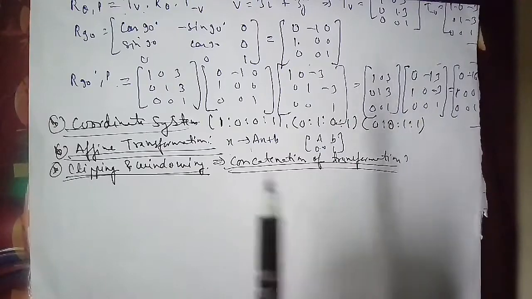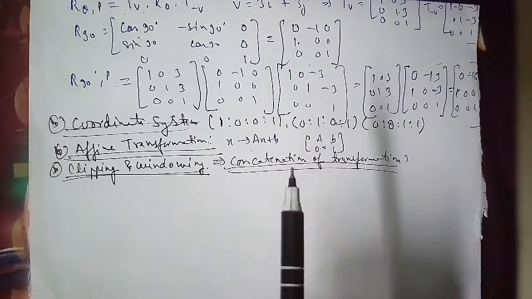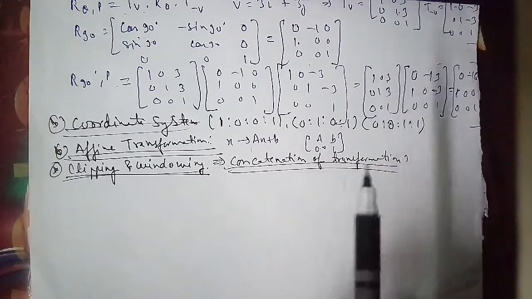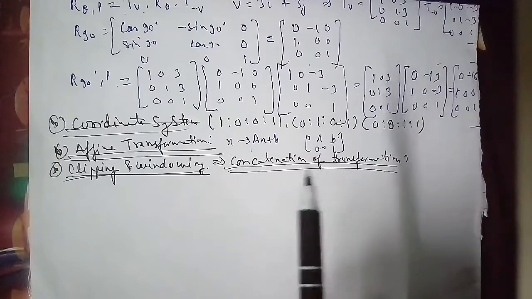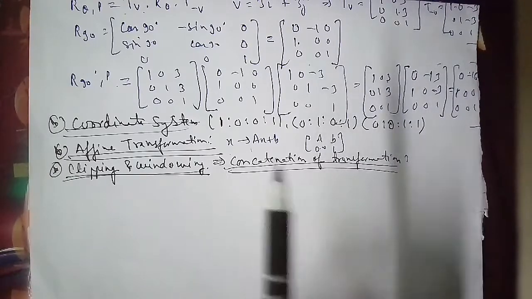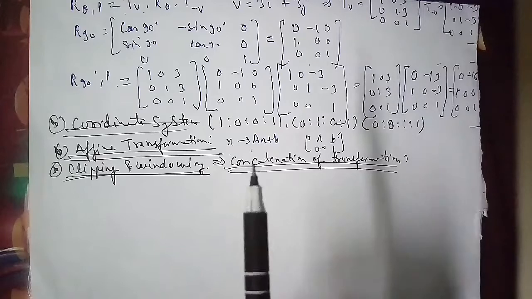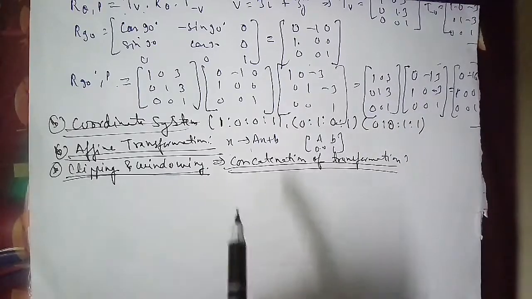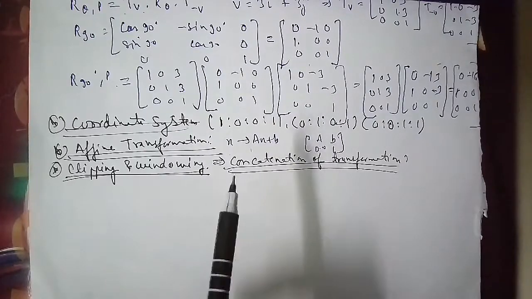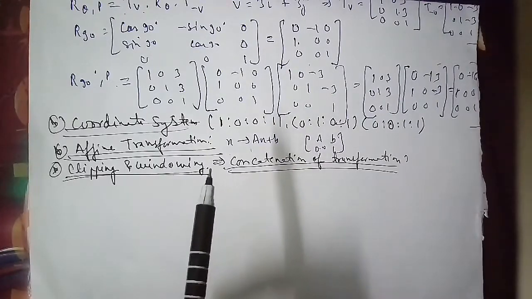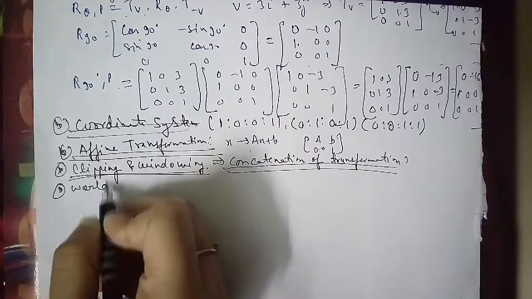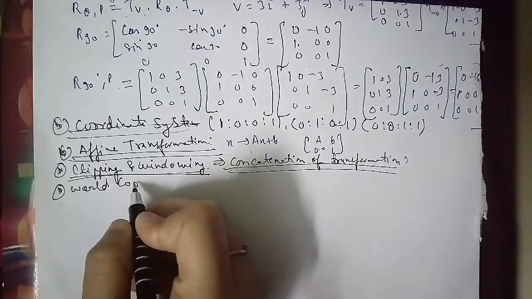Now we'll discuss in more detail what you understand by the world coordinate system. In the world coordinate system, objects are placed into the scene by a modeling transformation to a master coordinate system referred to as the world coordinate system, or WCS.